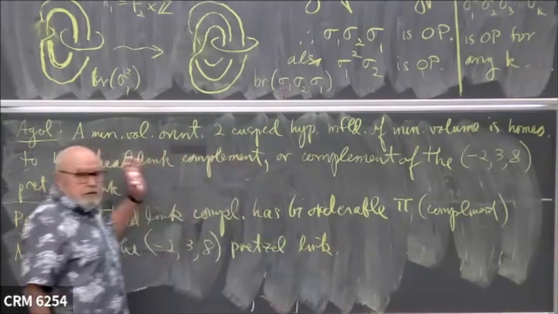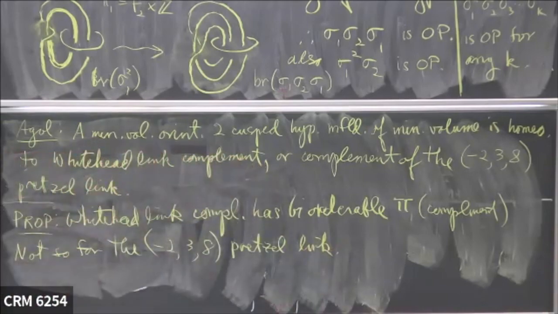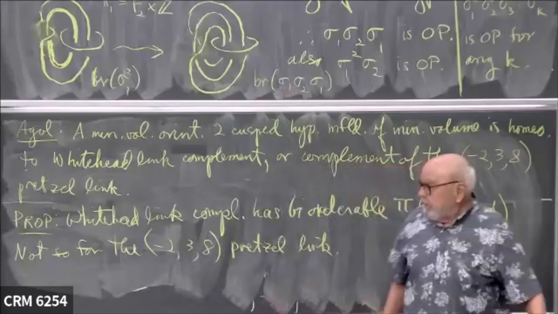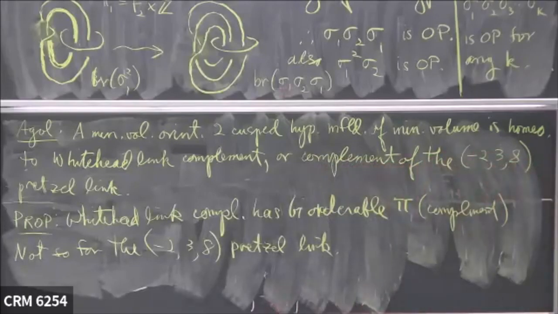So again, in the two cusp case, we have two minimal examples. One of them is bi-orderable, the other one is not bi-orderable. It is left orderable, but not bi-orderable.